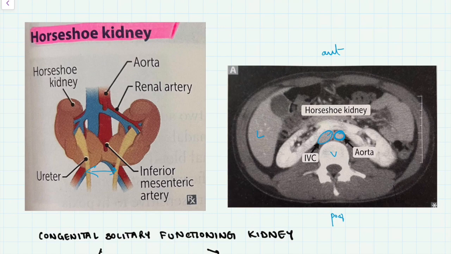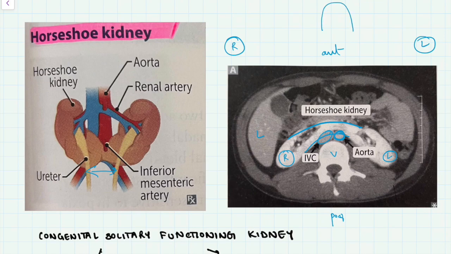So how do you see? IVC is a vein, it is always on the right side, while aorta will be on the left side, right? This is the orientation of the cross section. So here we can see right kidney and left kidney. Now notice that both the kidneys are fused at the inferior pole, right? So this is the horseshoe kidney.